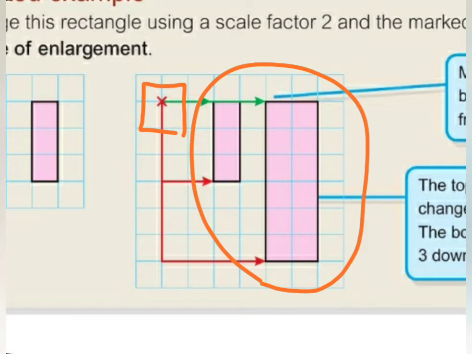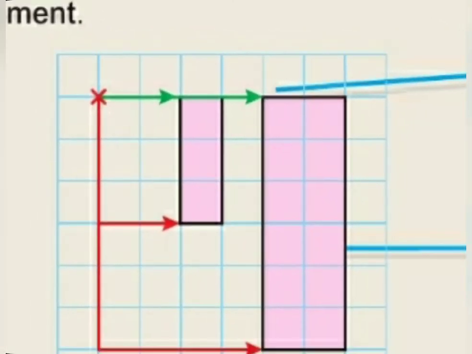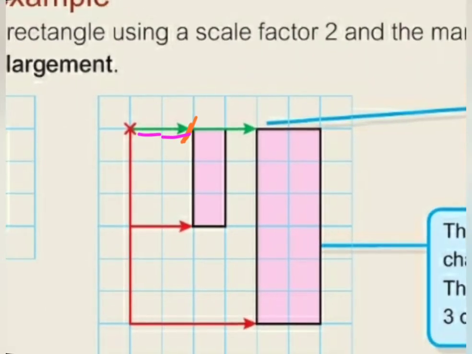So when you enlarge a shape using a positive scale factor, you connect the points on the shape with the center of enlargement and you continue with that connection. So you continue at the same side. When you count, for example, you counted 1, 2, and you multiply it by the scale factor, which is 2, so you count again 1, 2, 3, 4.